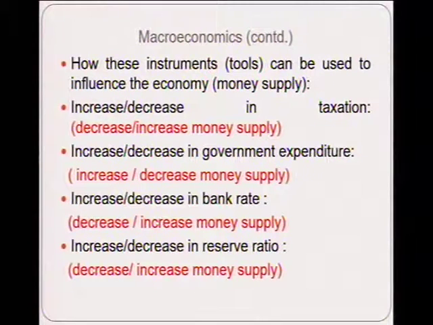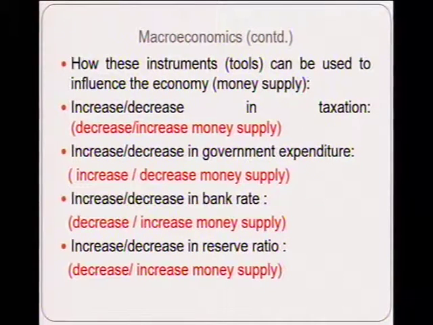Let's look at the bank rates. The bank rate is a monetary policy tool through the central bank to the commercial banks. Now, if there is an increase in this bank rate, it's going to decrease money supply. On the other hand, if there's a decrease in the bank rate, it increases money supply.